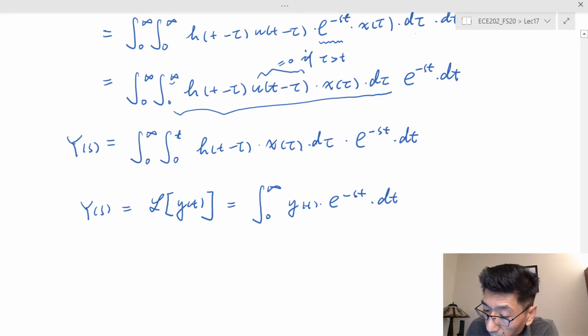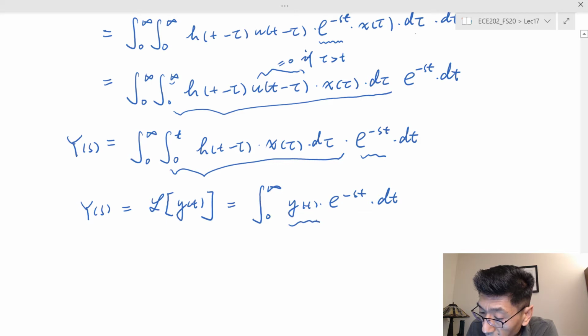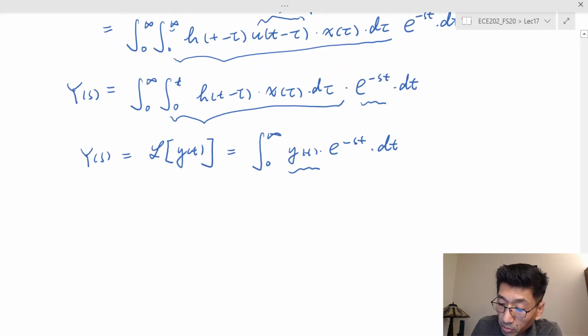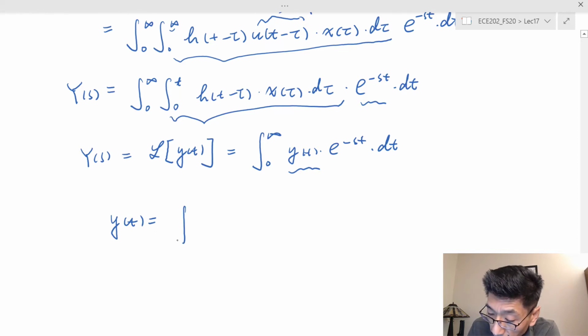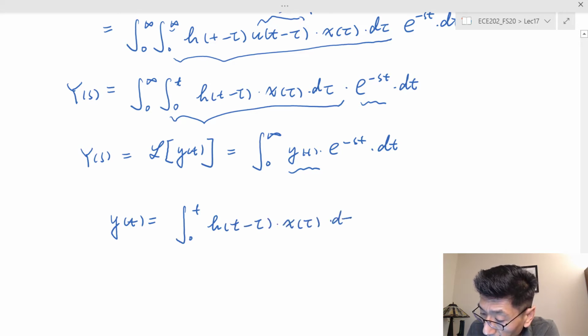If we compare, we find that the term in front of e^(−st) should be y(t). That's the reason y(t) is equal to the integral from 0 to t of h(t − τ) x(τ) dτ. This is the most commonly used form of the convolution integral.